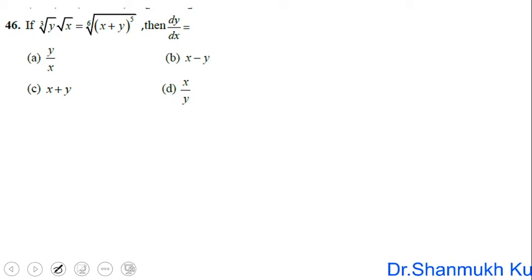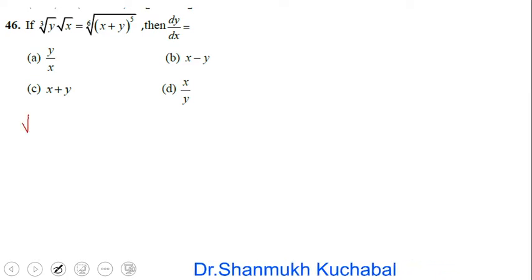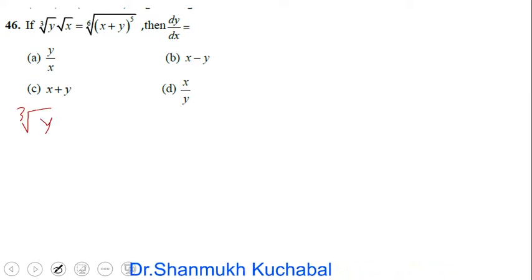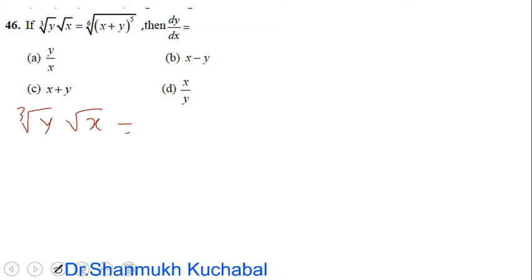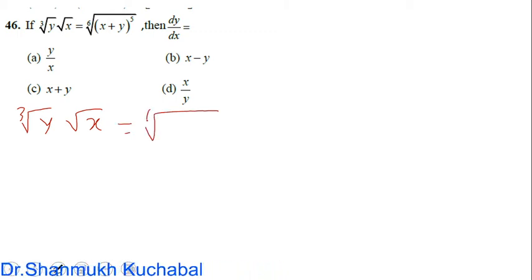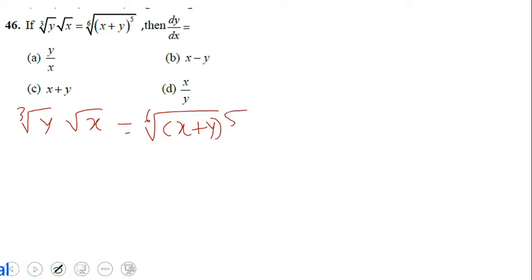The question is cube root of y square root of x, cube root of y square root of x, and sixth root of x plus y raised to 5. So now we have to simplify and then we have to find differentiation for this.